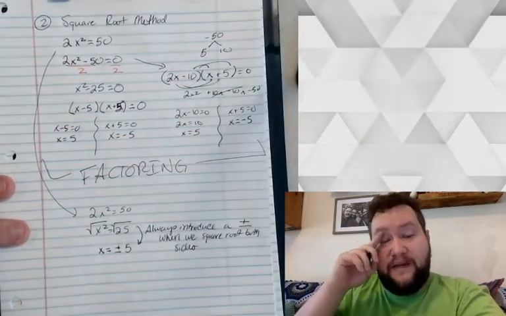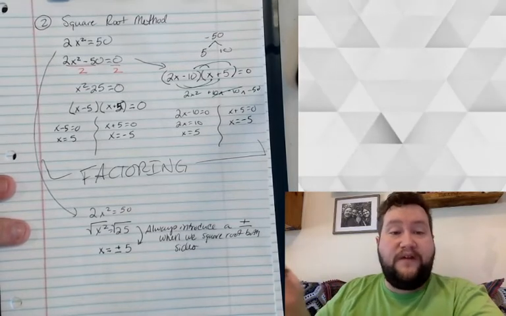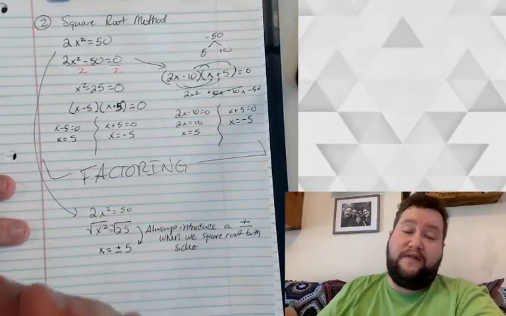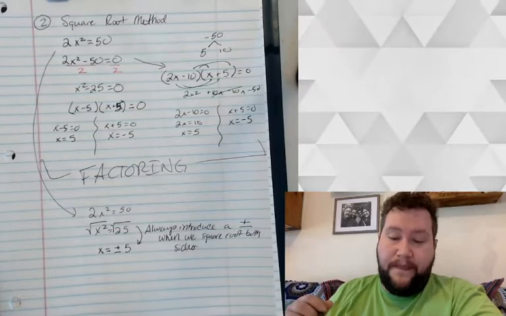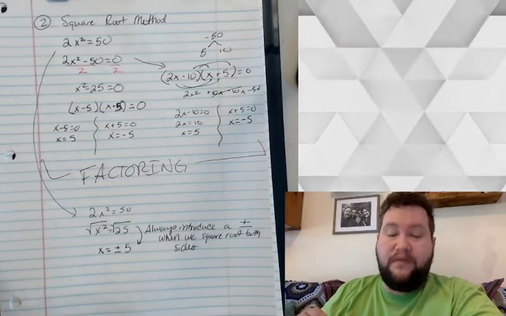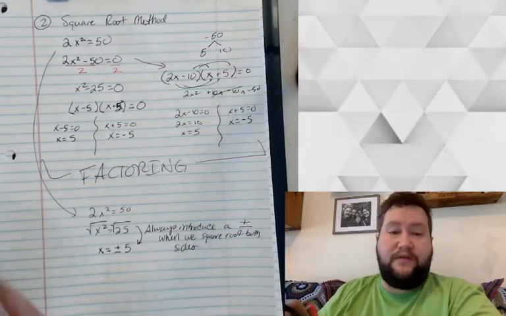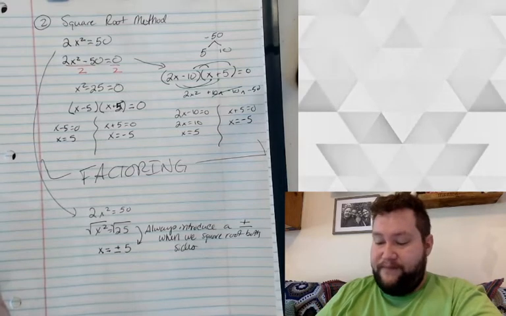That's because 5 times itself is 25, but negative 5 times itself is also 25. And so whenever we take the square root of both sides, we introduce a plus or minus.